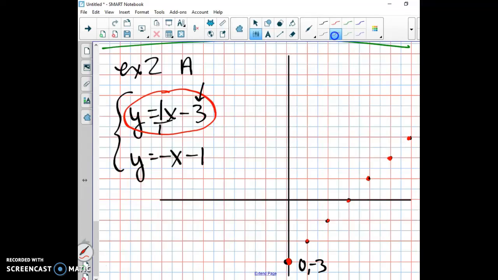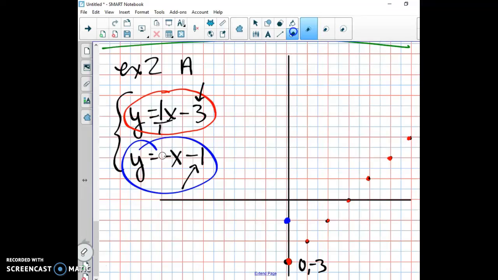Then we're going to graph the blue line. The blue line says we have a y-intercept of negative 1. So we're going to plot that point. This is negative x, so let's rewrite that as negative 1 over 1. That gives us directions. How do we get to the next point?